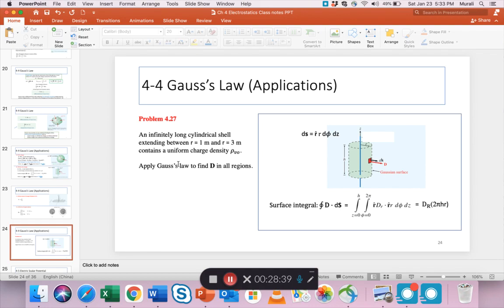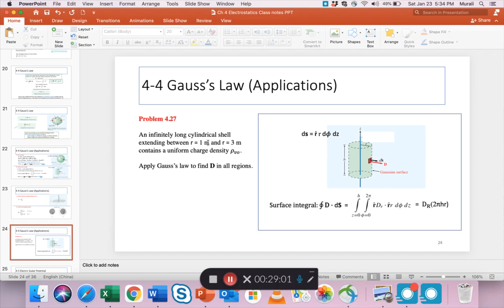Problem 427. So I copied this from somewhere else just to create a graphic that we can look at. But let's read problem 427. There's an infinitely long cylindrical shell. So this actually, we only take a little piece, h, but in theory this thing goes on and on.